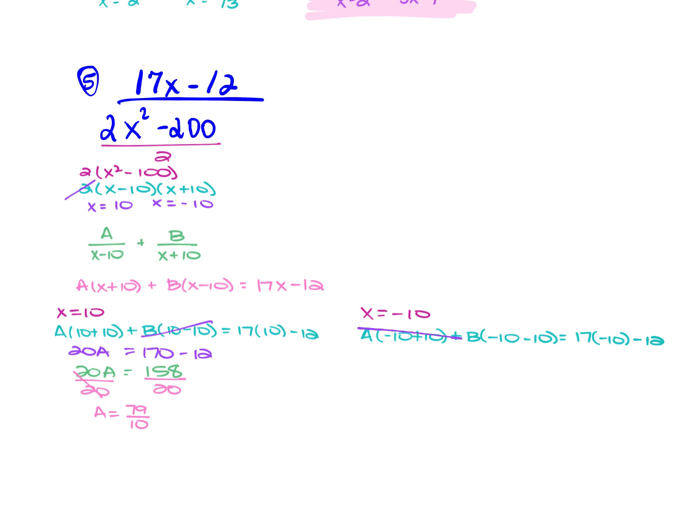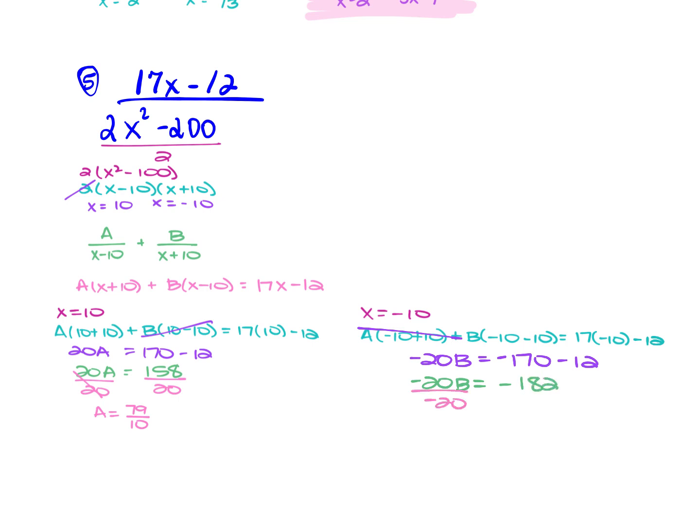The -10 minus 10 is -20 times b. -10 times 17 is -170. Minus 12 simplifies to be -20b is equal to -182.